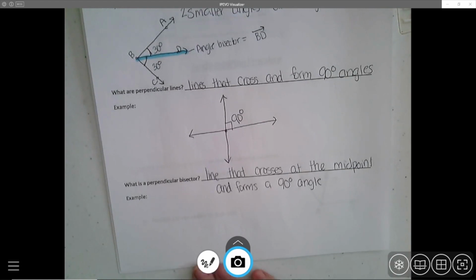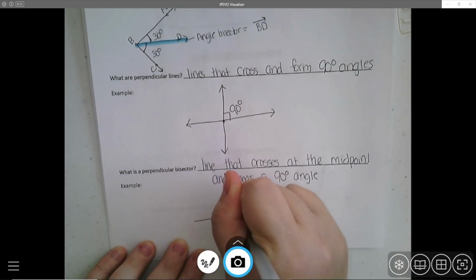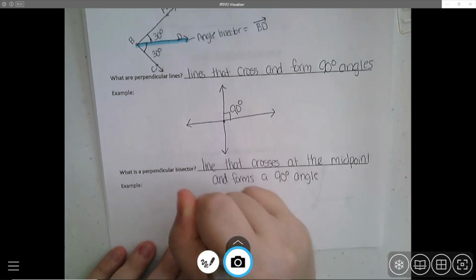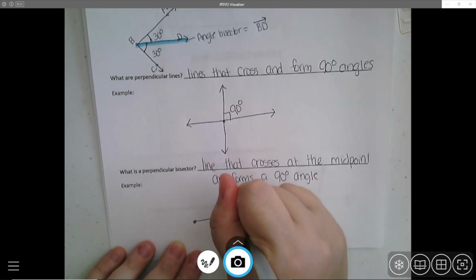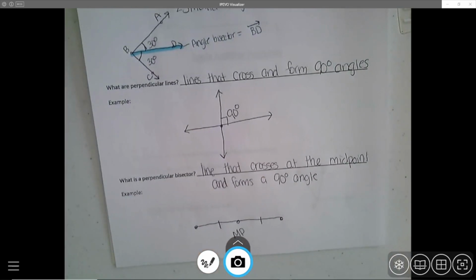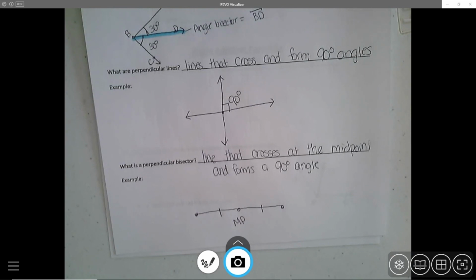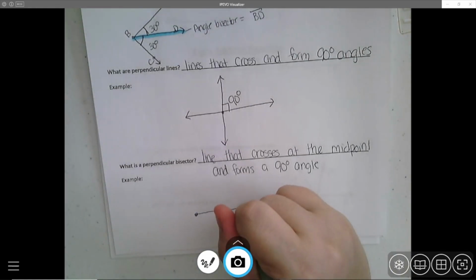So when I'm looking at a perpendicular bisector, I'm going to have a segment here. I'm going to have a point that I know is the midpoint. Remember, on either side of the midpoint, we have tick marks to show that the pieces of information on either side of the midpoint are the same.